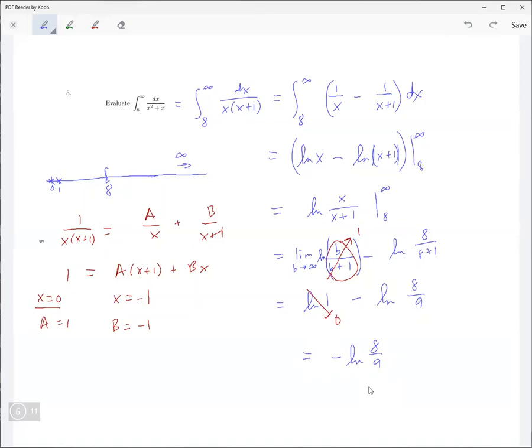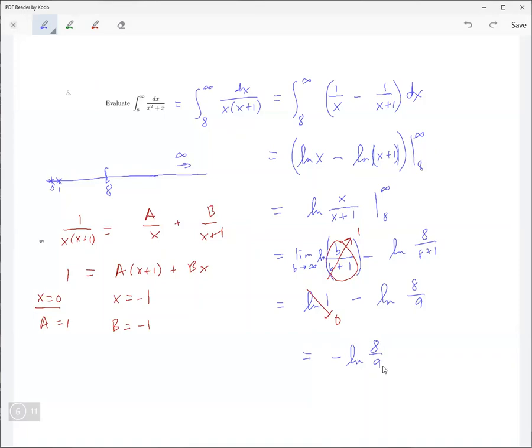Okay, and here's one thing that's interesting. You might be like, whoa, if you think about this, this function is always positive, right? So why do we get a negative number? But if you plug this in the calculator, it's actually positive because 8 over 9 is less than 1.